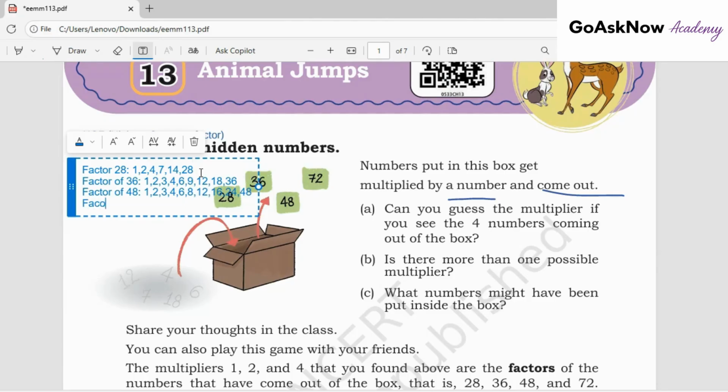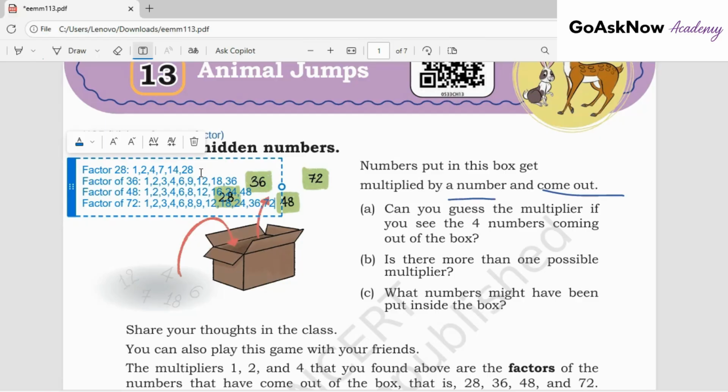Next, the factors of 72, which are 1, 2, 3, 4, 6, 8, 9, 12, 18, 24, 36, 72.